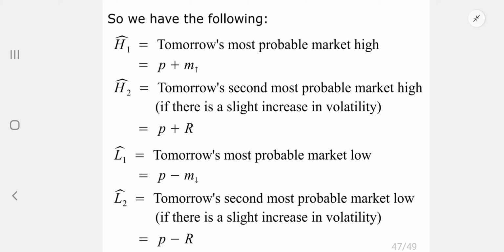And L hat 2, which equals tomorrow's most probable market low if there is a slight increase in volatility, which equals P minus R.